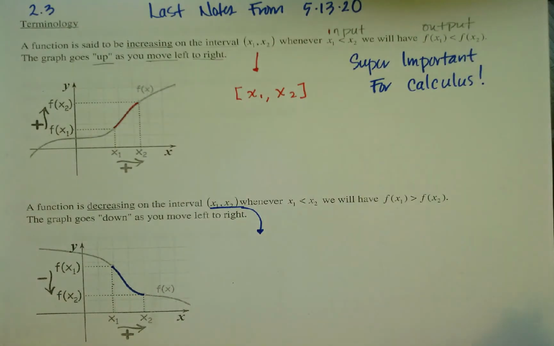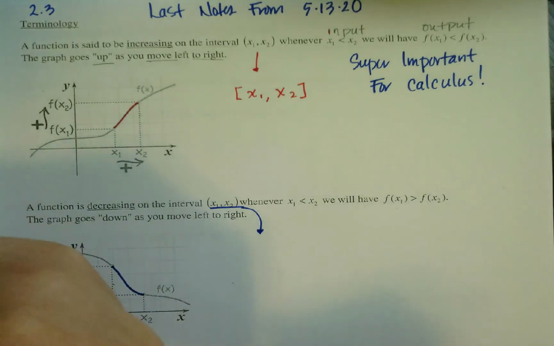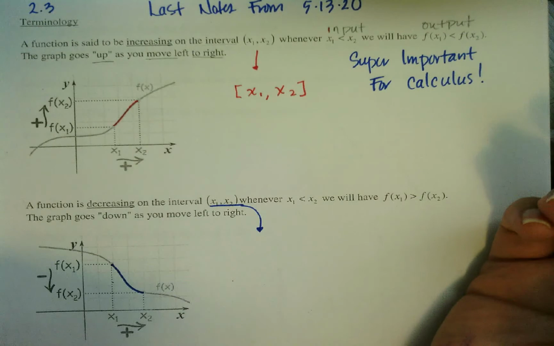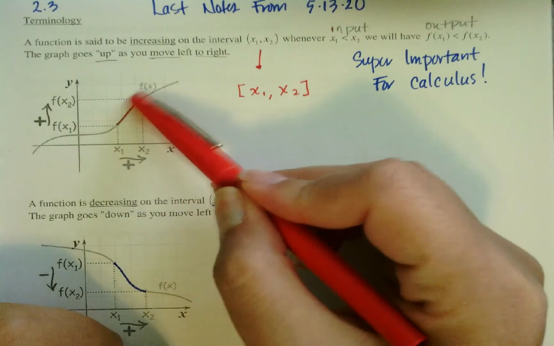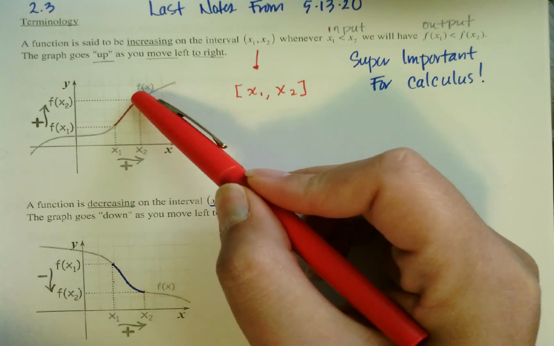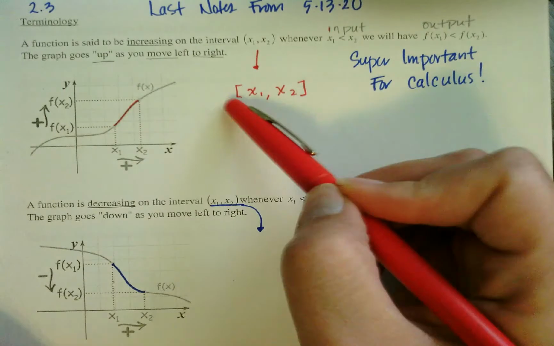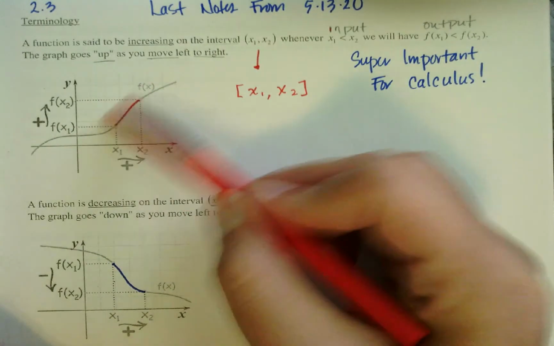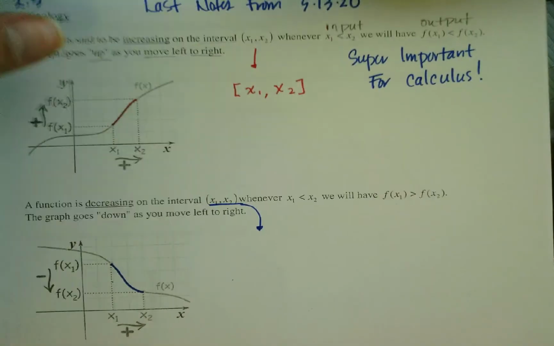It may be closed brackets, so we'll see how your homework takes it. When they ask about increasing and decreasing, either soft brackets or closed brackets, you can do either one. We'll see what the book is accepting on your online homework. On that interval, you list the x values, your inputs, at which your outputs are increasing or decreasing.